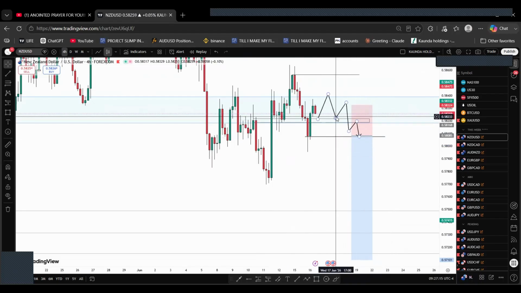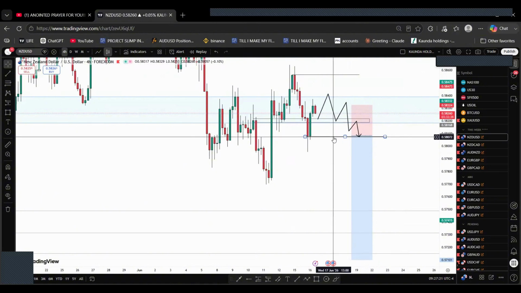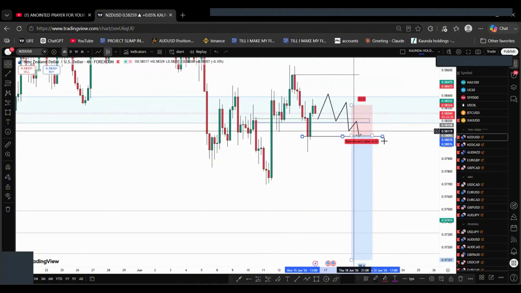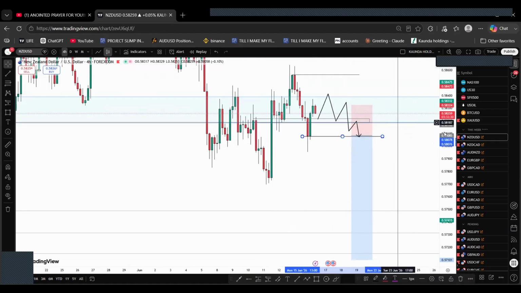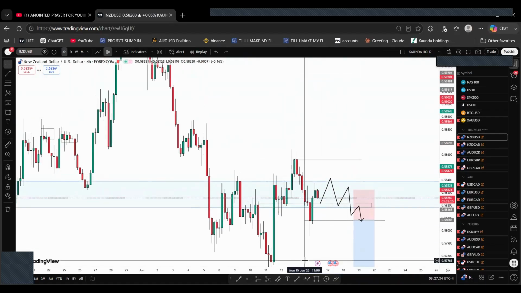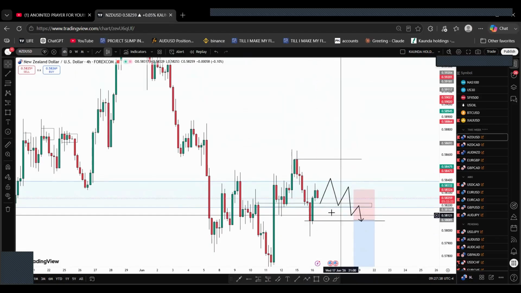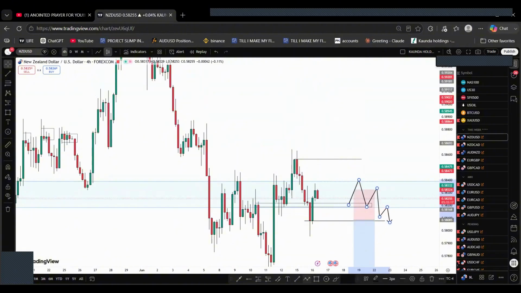So, the next thing is price has to drop, and then we can consider that sell. And the second thing that we should be realistic about is, if you fail to have this, price will continue buying.